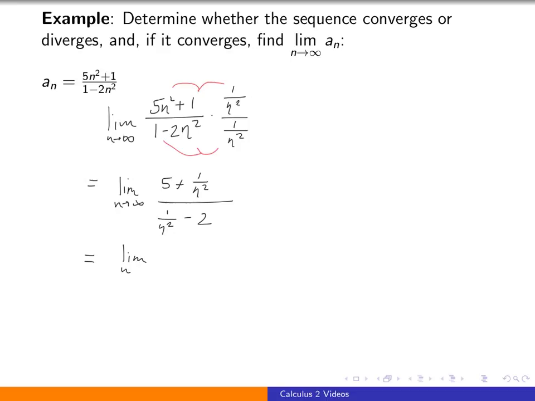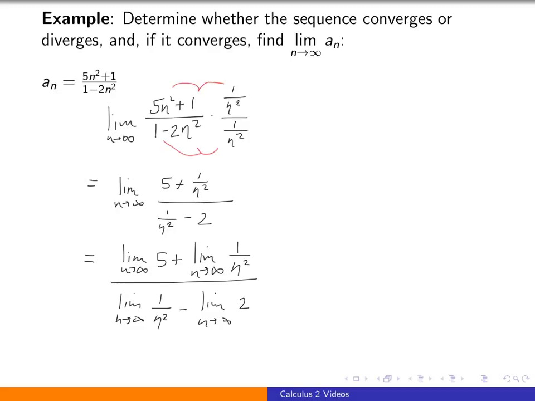So that would be the limit as n approaches infinity of 5 plus the limit as n approaches infinity of 1 over n squared, all divided by the limit as n goes to infinity of 1 over n squared, minus the limit as n goes to infinity of 2. And individually, these are all limits we can evaluate.